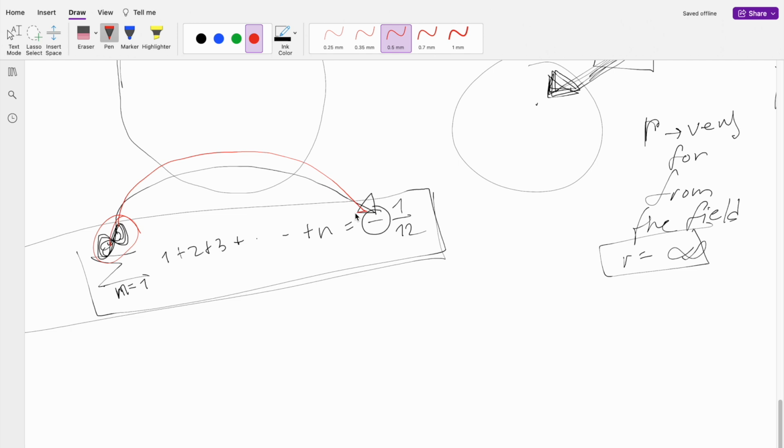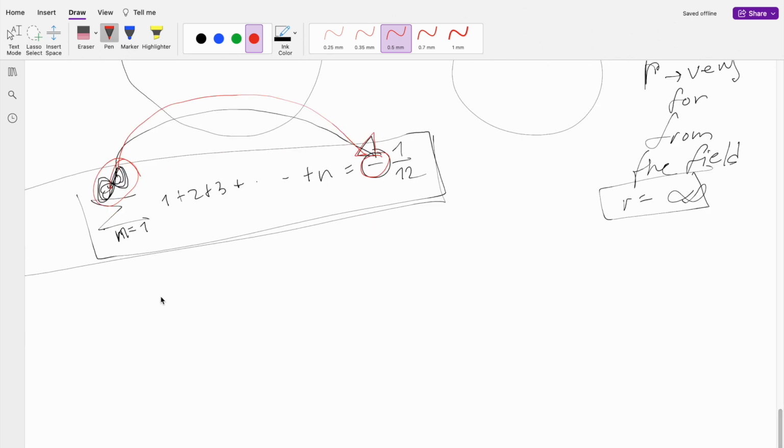which resulted in this negative. Actually, in simple mathematics, the numbers work very magically, that 1 plus 2 plus 3 plus 4 plus 5 plus 6 plus dot dot plus infinity, you would say. Right?